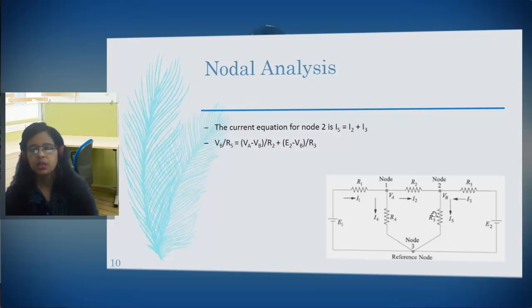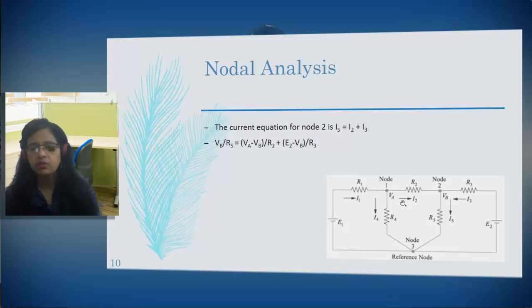Now these equations are written to find out the value of some parameter, it can be current, it can be voltage. Usually nodal analysis is used to find out voltage. Suppose we need to find VA and VB.